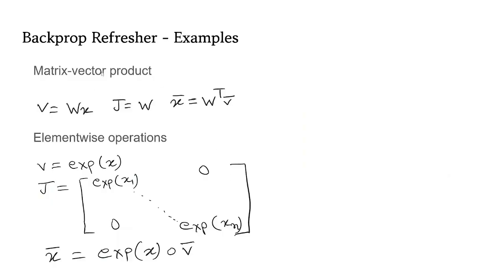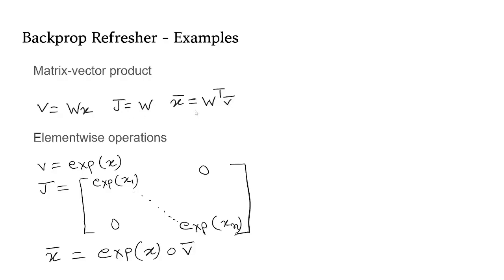A few examples. Let's say I take x and multiply it by a matrix W to obtain a vector v, so both x and v are vectors. In that case, it can be shown that the adjoint of x is W transpose times the adjoint of v.